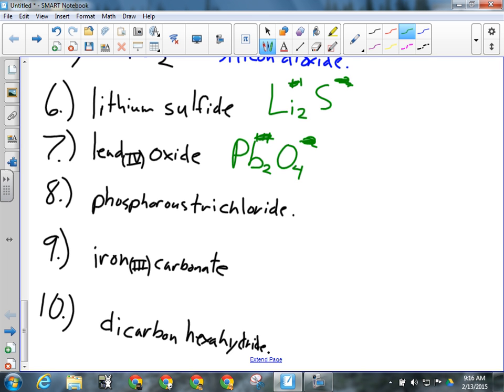No. What should I do with it? Reduce it. With ionic compounds, you always reduce. Molecular compounds, you don't. But with ionic compounds, if you can reduce it down, you should. So this is going to be PbO2, because 2 and 4 reduces down to 1 and 2.